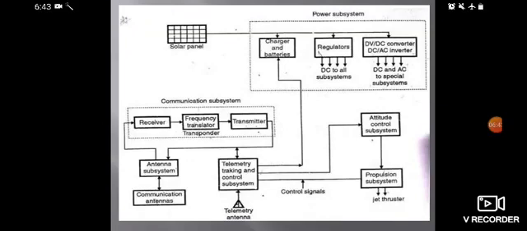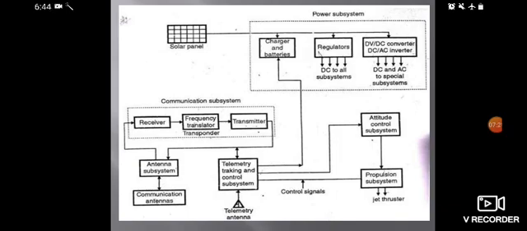So the communication satellite mainly consists of a number of blocks, and the blocks involved are a power subsystem, which is the main subsystem of any communication device, and a communication subsystem. The third one is TTC, that is the telemetry tracking and control subsystem, which we shortly call the TTC subsystem.